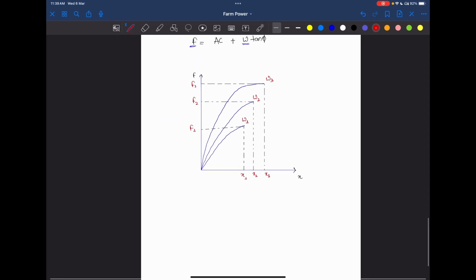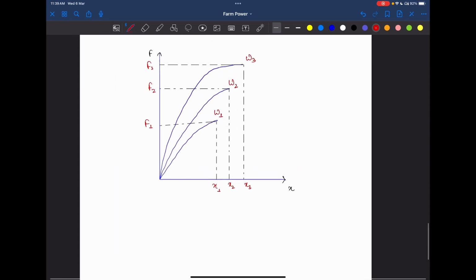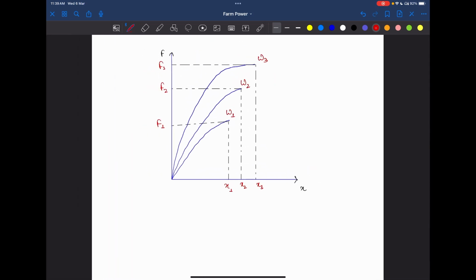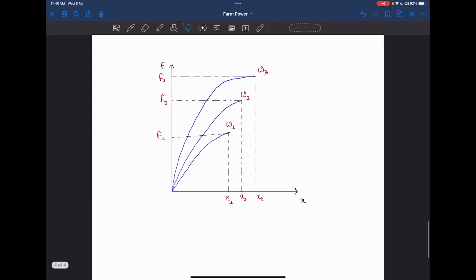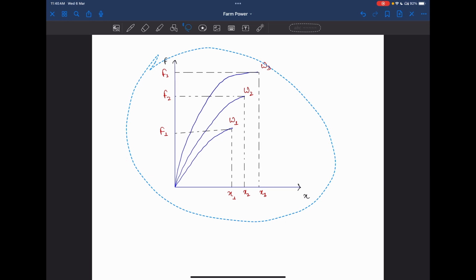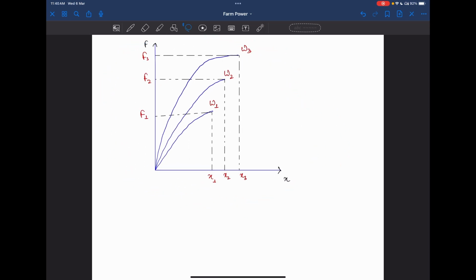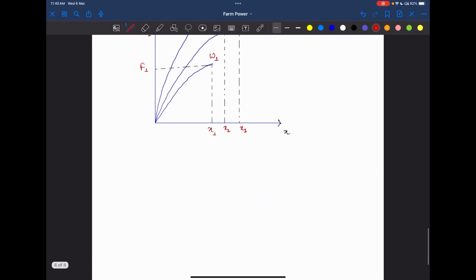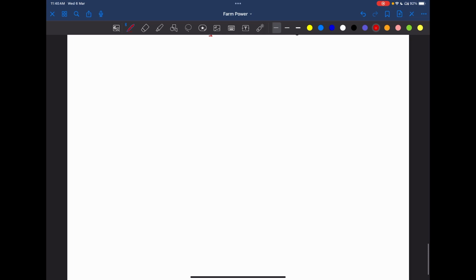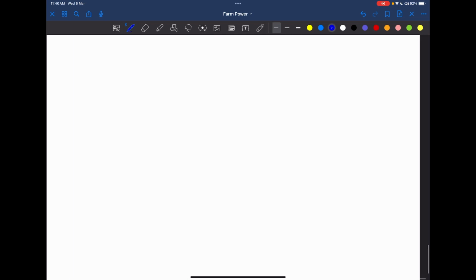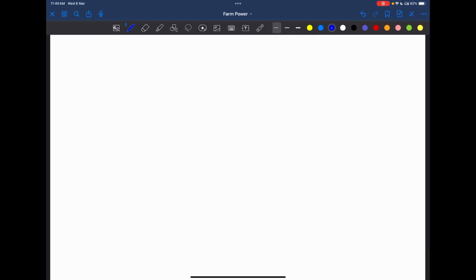So after this graph, we made one more graph. This is F versus X. Let's keep it here only. Then we made one more graph, and this time we plotted the graph between F and W.